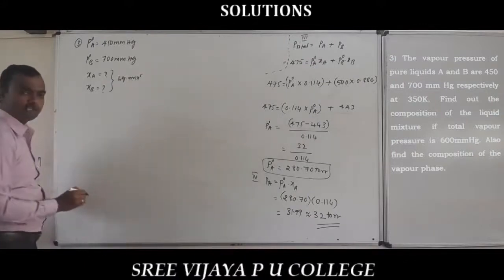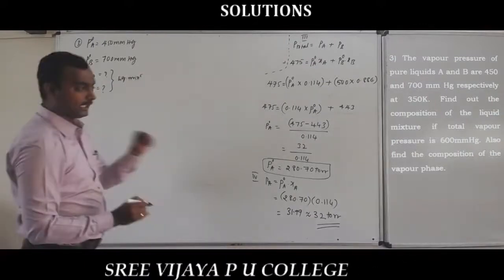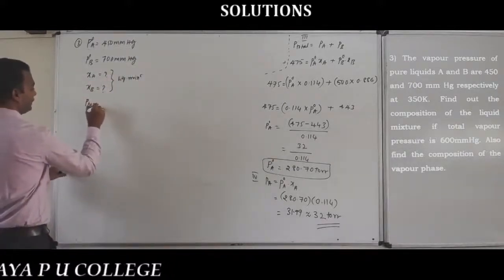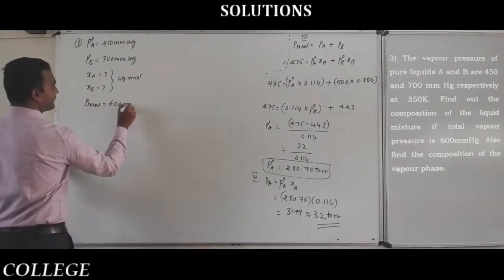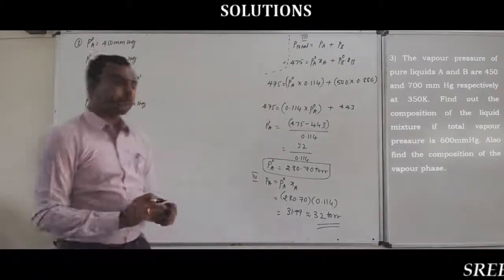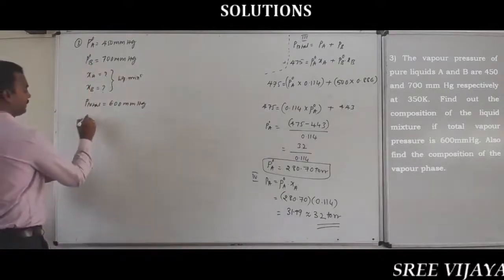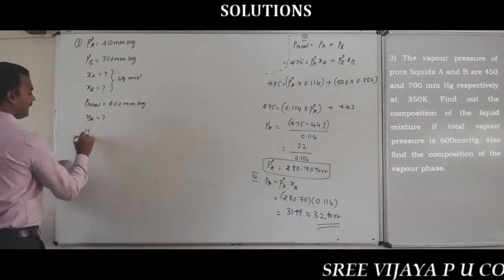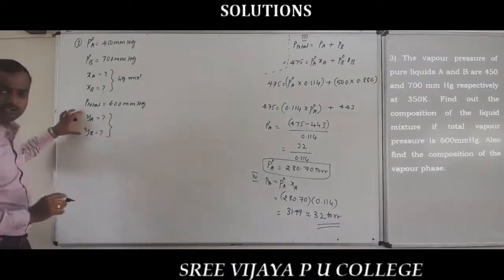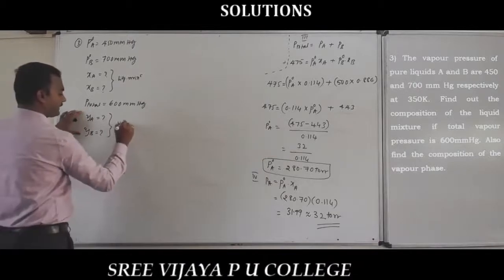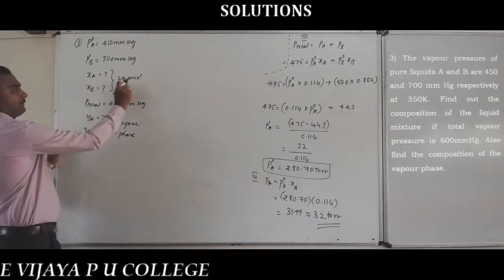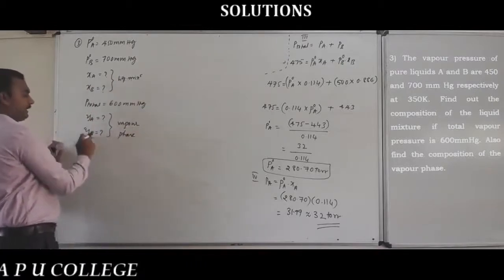Again, one more thing is that the total vapor pressure is 600 mm mercury, P total is equal to 600 mm mercury, and also we have to calculate the composition in vapor phase. Composition of the vapor phase is nothing but the mole fractions YA and YB that we have to calculate. This is the composition of the mixture in vapor phase. XA and XB in liquid phase, vapor phase is YA and YB.